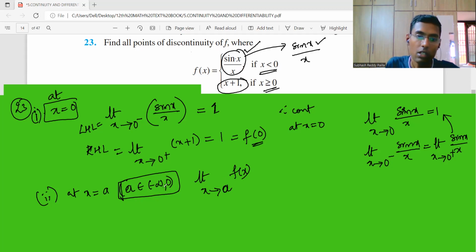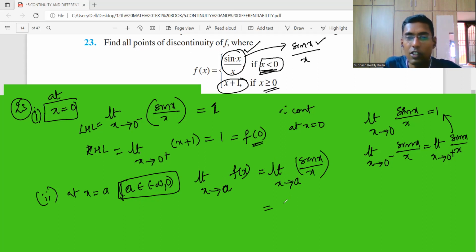So a is from minus infinity to 0. Whether it is from the positive side or negative side, whatever side it is, limit x tends to a. Here f of x is sin x by x because a is less than 0.